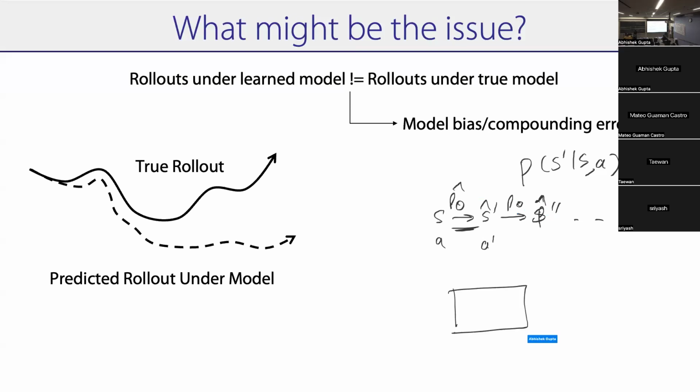So if you have a model that takes in S and A, let's say you made a little mistake at the first step. Now you've fed an out of distribution state into your model, which means your S prime prediction is going to be kind of wrong.